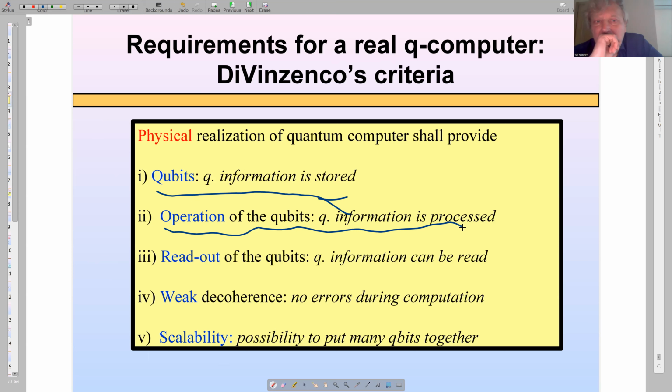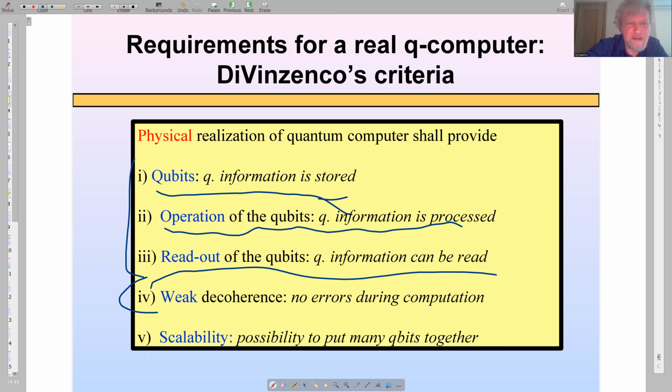But in any case, it is about changing the wave function. After that, we want to read quantum information. Remember it is statistical, so we have to think about the efficiency of readout and the ability to repeat it many, many times. But those criteria are rather trivial.